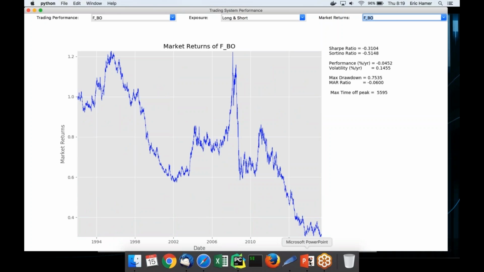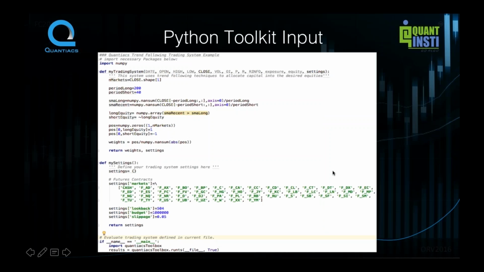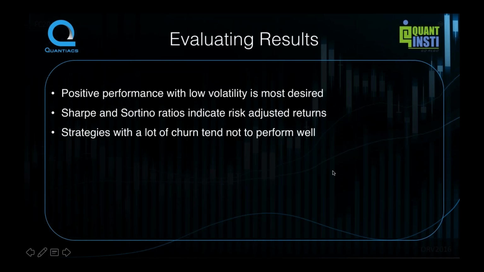So what do we look for when a strategy is evaluated? Obviously, we want positive performance. I mean, the whole purpose here is to make money. Good performance with low volatility is the most desired. Again, the primary number that our potential investors look at, and the number that we use to determine the winners of the programming contest, is the Sharpe ratio.